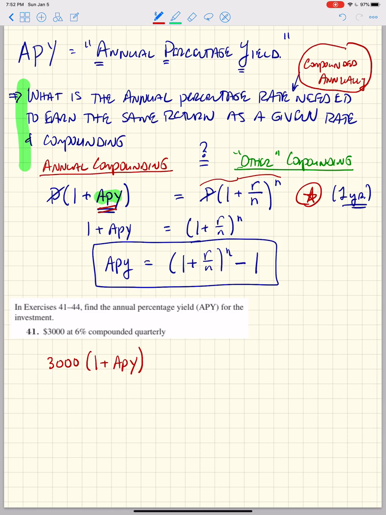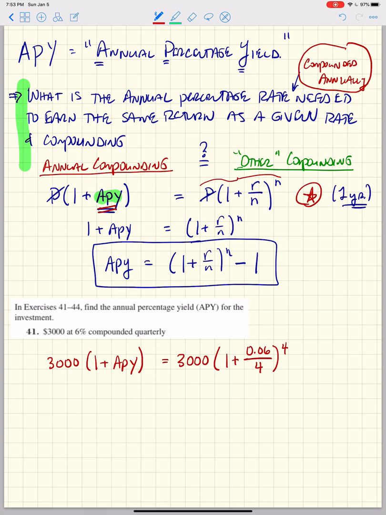So this is sort of a pseudo APY. It's the decimal form of the APY. And we want to know what APY would be equivalent to the same investment, $3,000, at 6%, 0.06, compounded quarterly. That would be 4, all raised to the 4th power, because we're going to compound 4 times in the year.